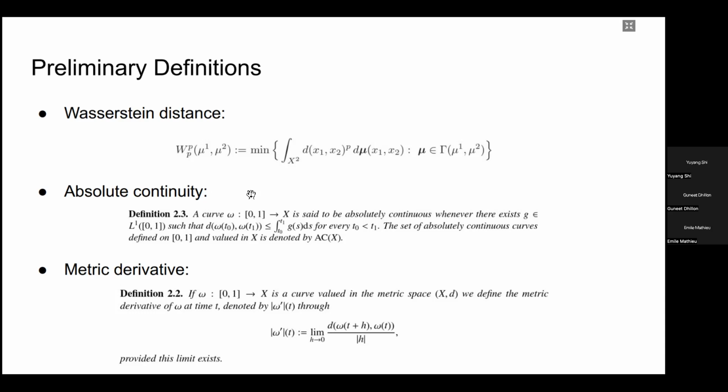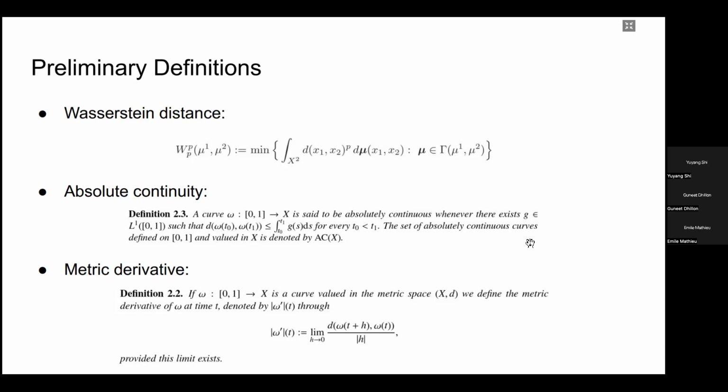And so here you're just assuming that this curve will be the evolution of the distributions, and you're assuming that these distributions are absolutely continuous in terms of this definition, in terms of this Wasserstein distance. And that's why we are introducing this absolute continuity.